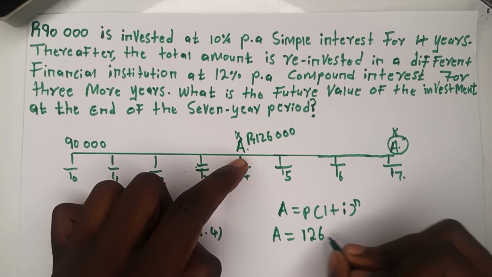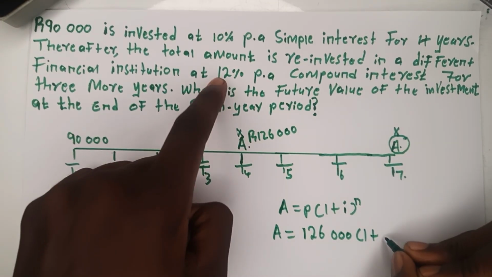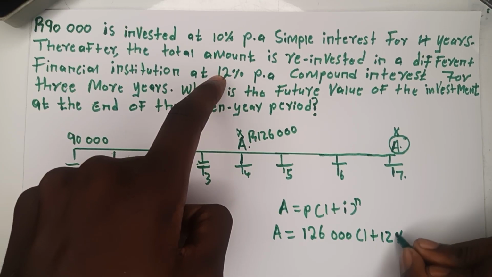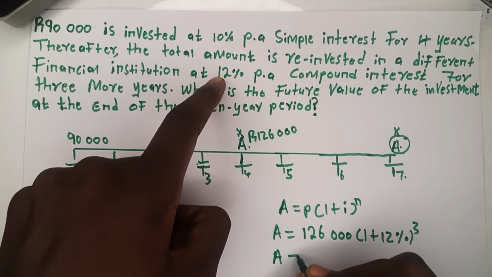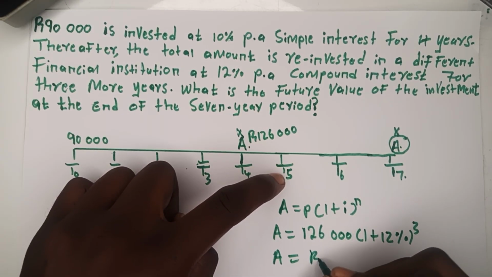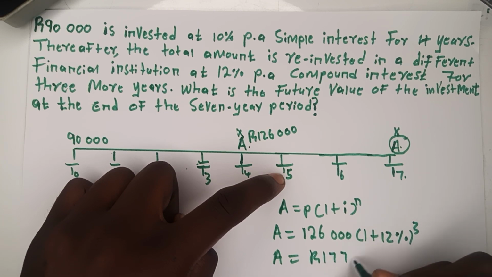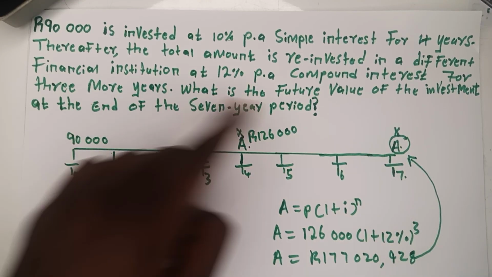So now we have 126,000(1 plus 12%) to the power 3. If you punch this in the calculator, I think we get 177,020 rand, comma 928. And this value is actually the value after the 7-year period.